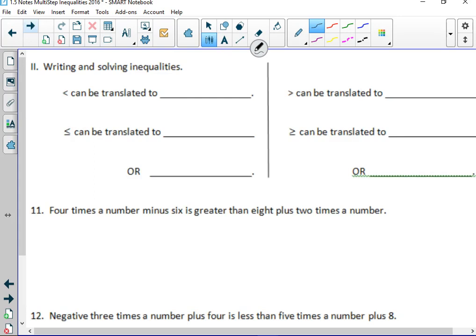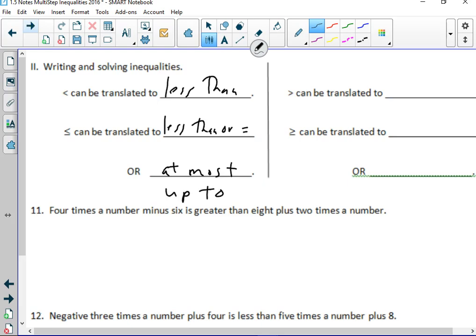Kind of already done this, but this is less than. This is less than or equal. This is where we talked about at most or up to.